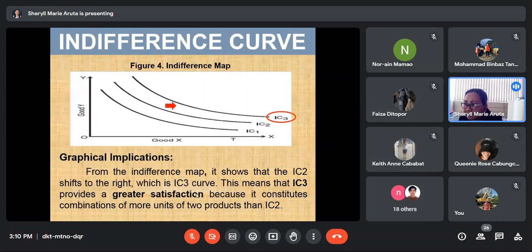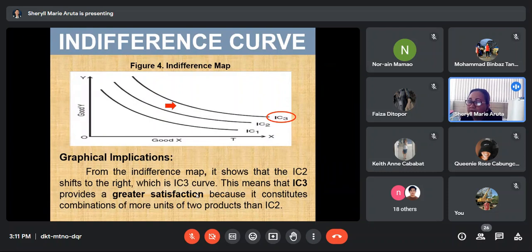So indifference curve 3 provides greater satisfaction because it lies above indifference curve 2. If an indifference curve is on the right side, lying above the others, the implication is that it yields a greater satisfaction.